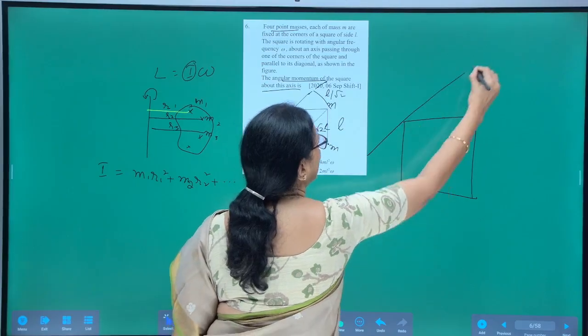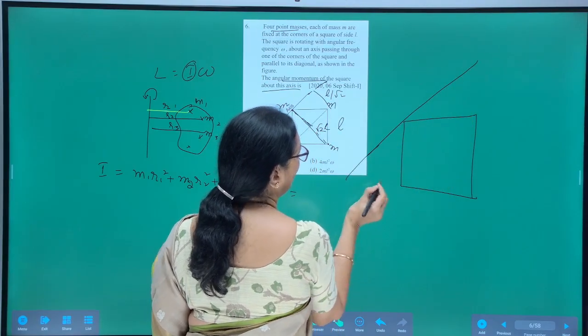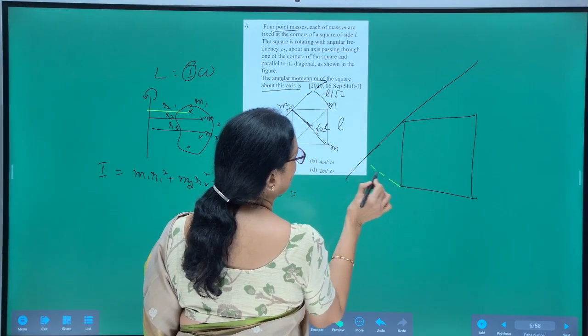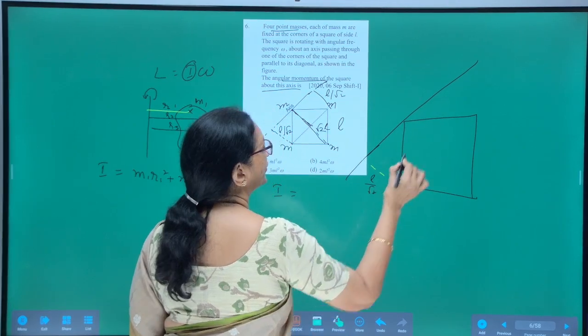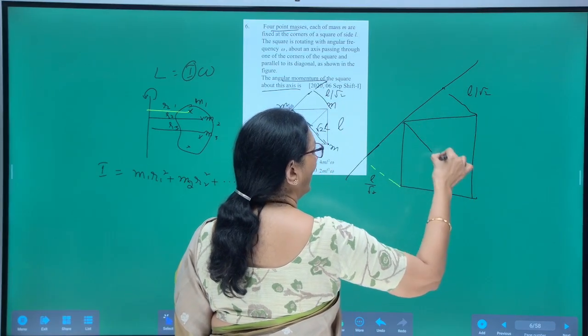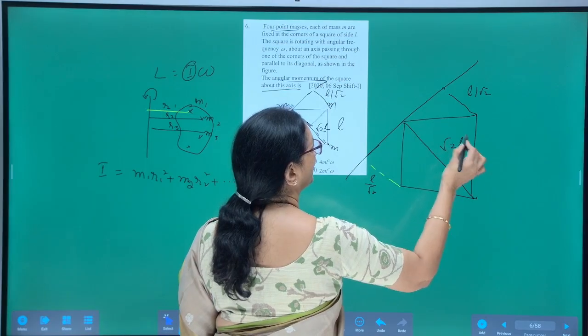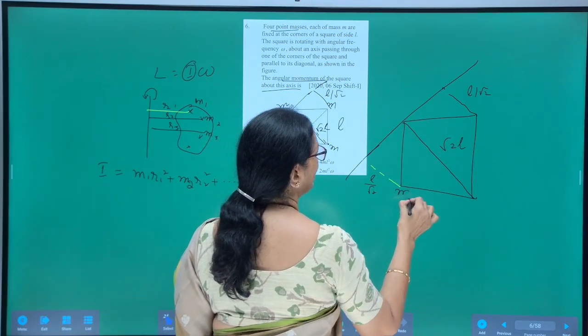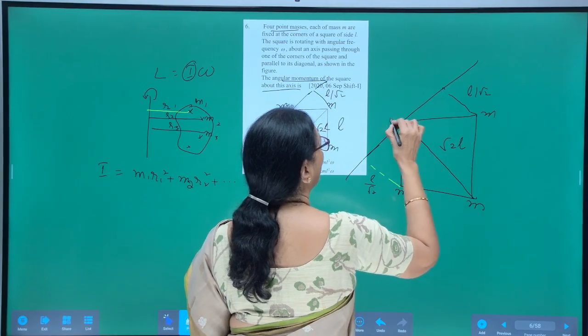This is the axis. Its perpendicular distance, this is L by root 2, this is also L by root 2, and this distance is root 2 L. Here this is M, this is M, this is M, this is M.